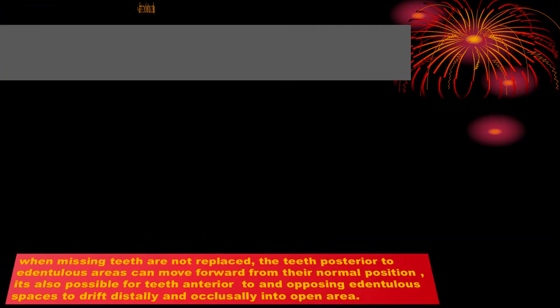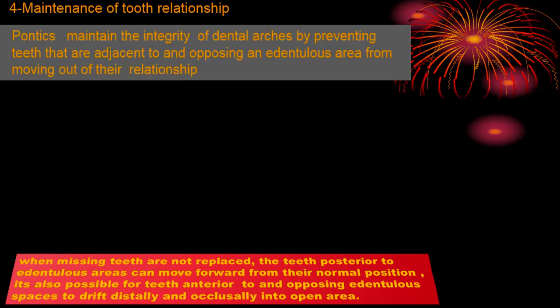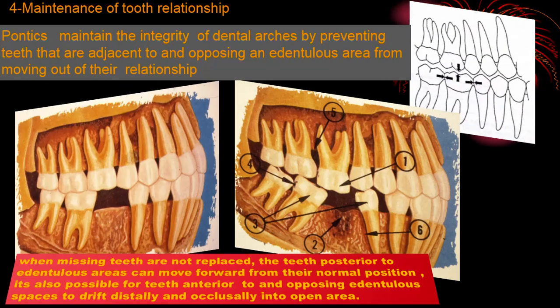Other thing, a factor which is important, is to maintain the tooth relationship. مثل ما نعرف when we discussed it in the first lecture, when a tooth is extracted, we are going to have a relapse in the upper and lower dental arch. By doing a bridge, we maintain tooth relation without any change, or dental arch without any relapse.